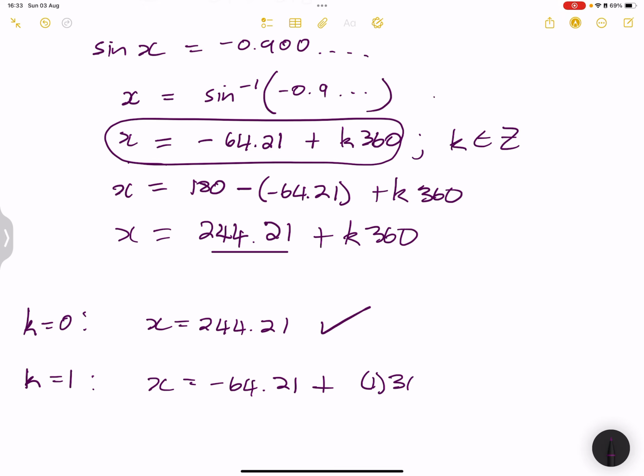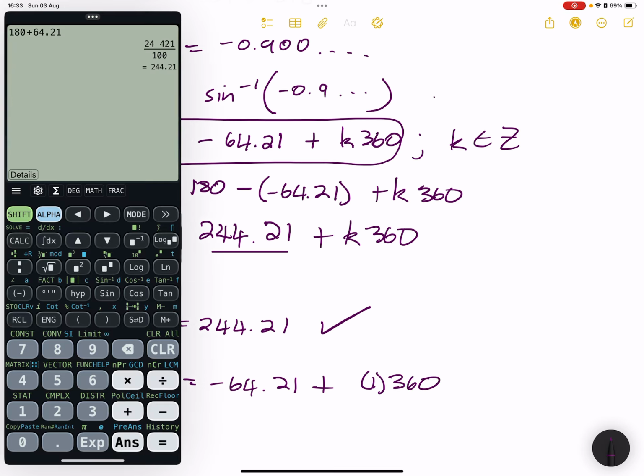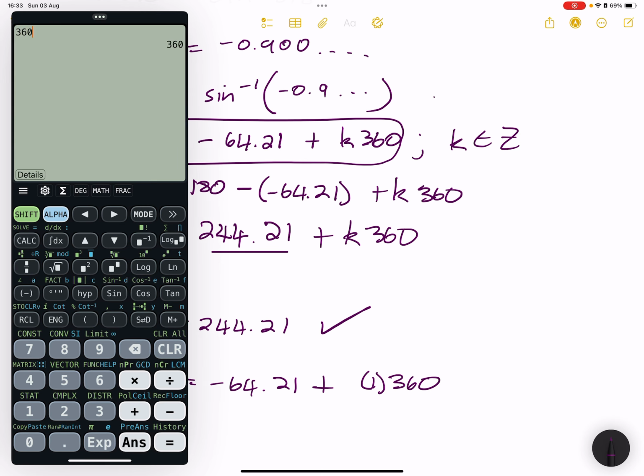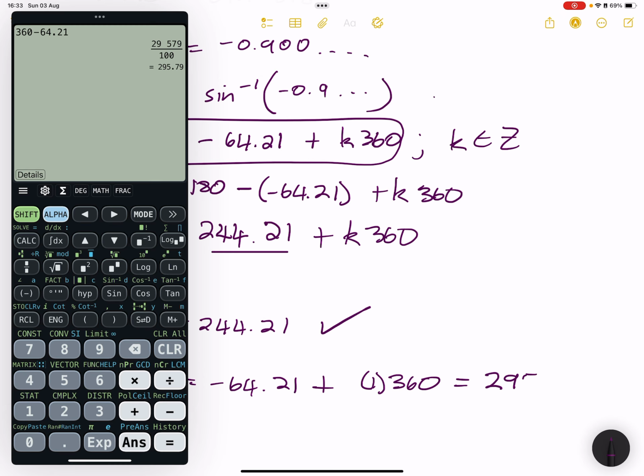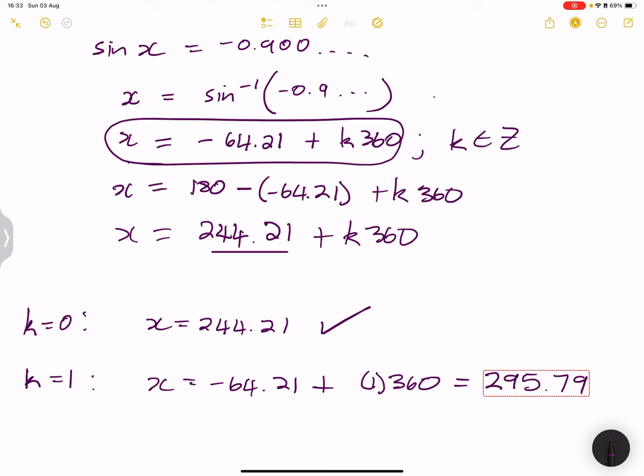So 360 minus 64.21 gives me 295.79. That's my other angle, and it's definitely between 0 and 360. But if I take k equal to 1 in the other solution, it becomes an angle that is outside of that range.